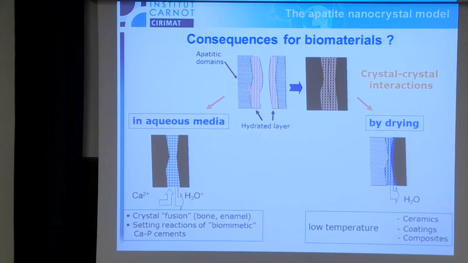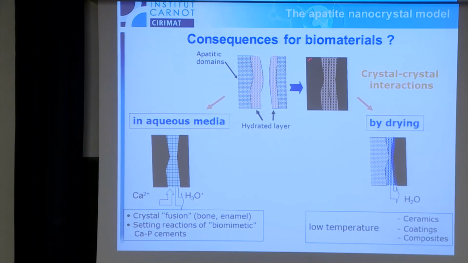Here you can see the schematic representation of two nanocrystals, the apatitic domain and the surface hydrated layer. You can see a fusion of two crystals through this hydrated layer.